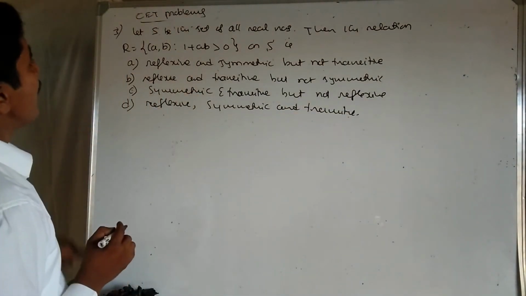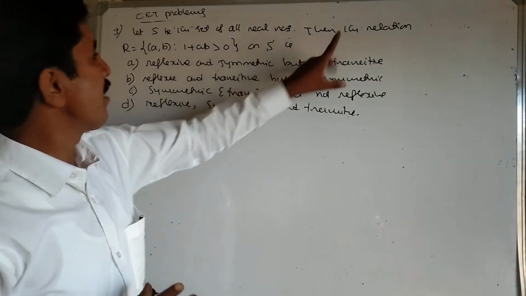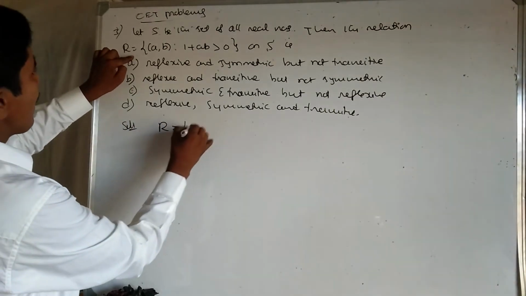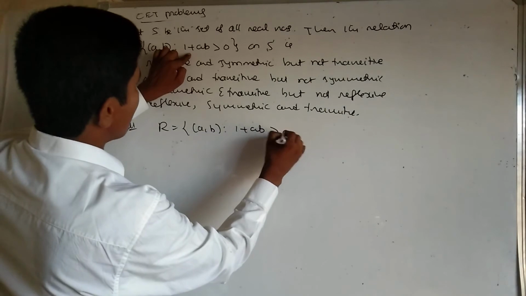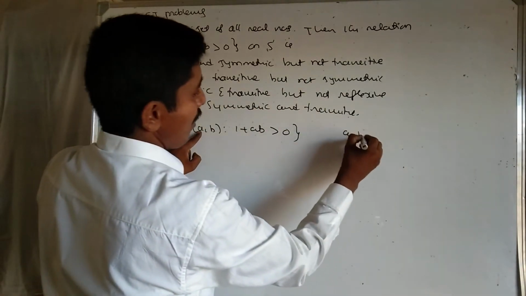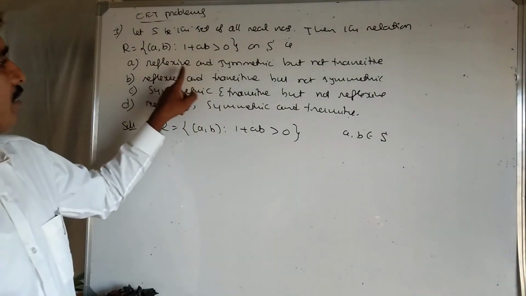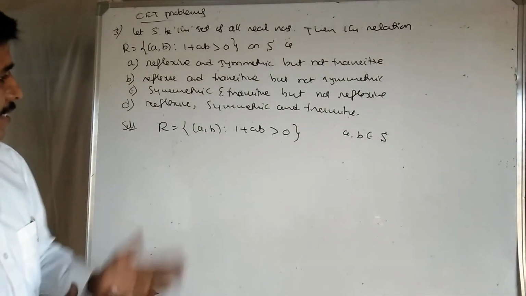Here is the problem. Let S be the set of all real numbers. Then the relation R equal to (A, B) such that 1 plus AB is greater than 0, where A and B belong to the given set. Then is it reflexive, symmetric? We shall verify. Is it reflexive?